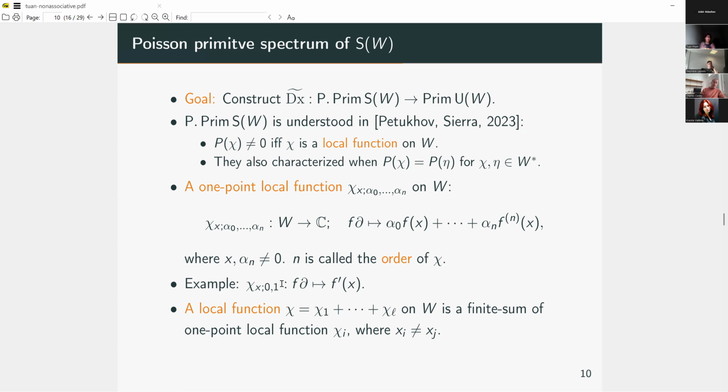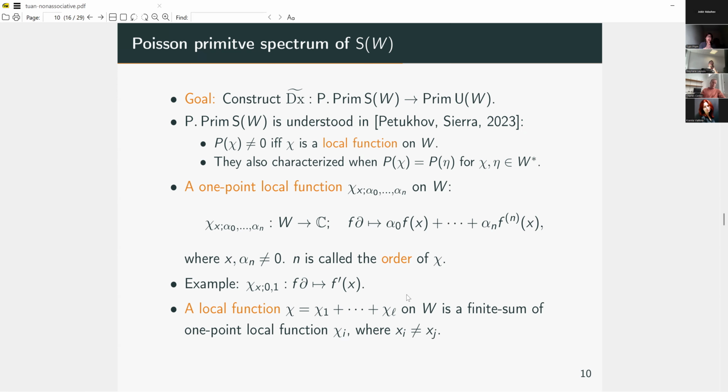An example of a local function is, for example, chi_{x,0}. This is just an element of the dual space W star that sends f del to the first derivative of f evaluated at x. Right.